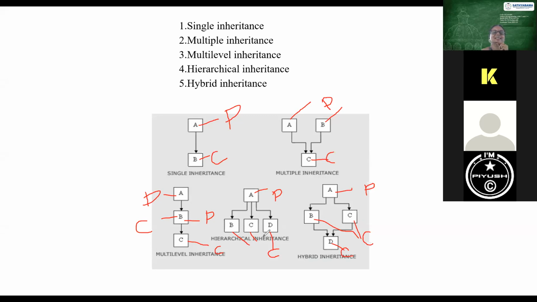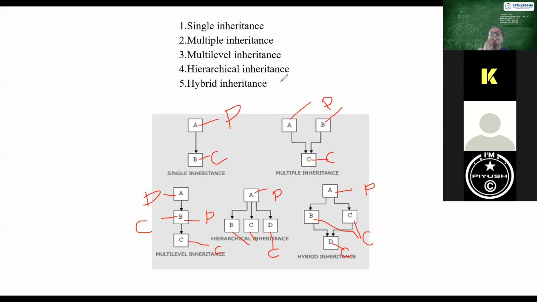Have you understood this figure? If you draw this image, you can understand. Single inheritance means it gets properties from only a single parent. Multiple inheritance means there are multiple parents with a single child.